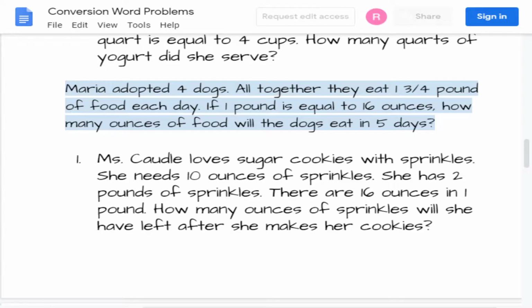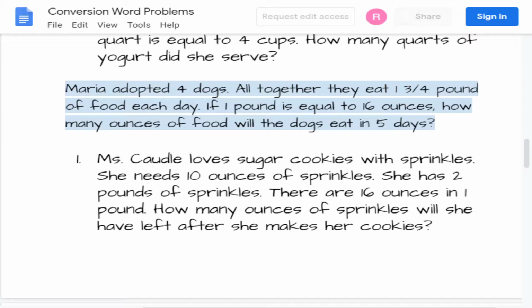But the fact that there are 4 of them doesn't matter anymore, because it gives you how many pounds of food they eat altogether each day.